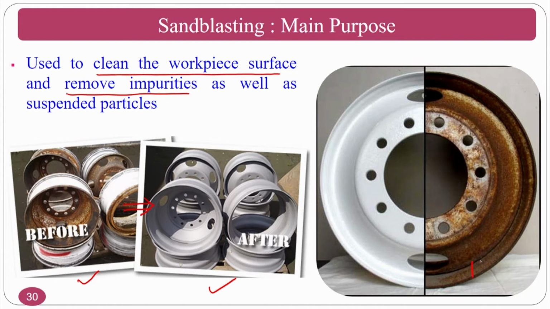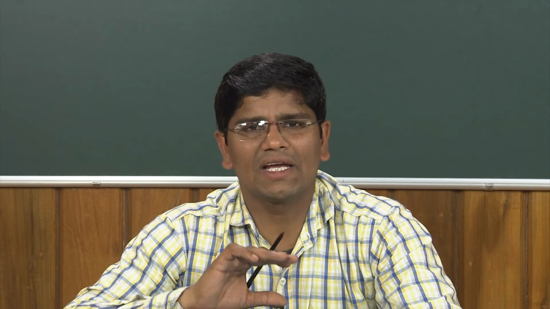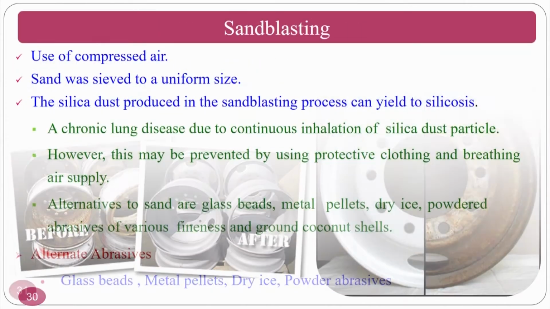This is before, this is after. How beautifully the sandblasting worked here. It can remove the rusted, that is oxide, layer clearly, and gives a virgin-like surface. It may not be a virgin surface, but it looks like one.